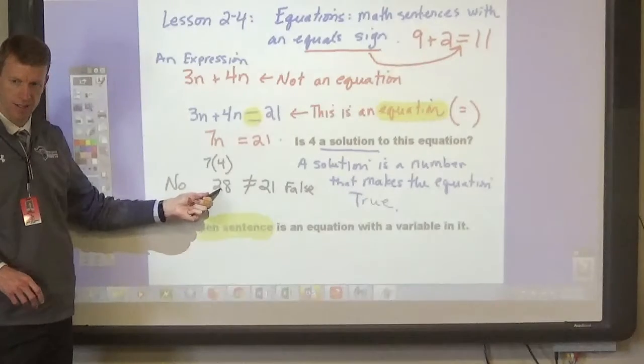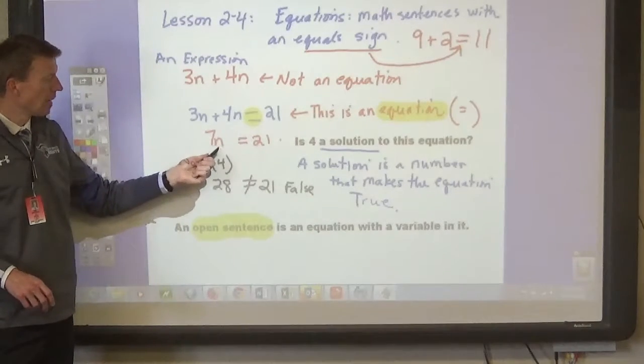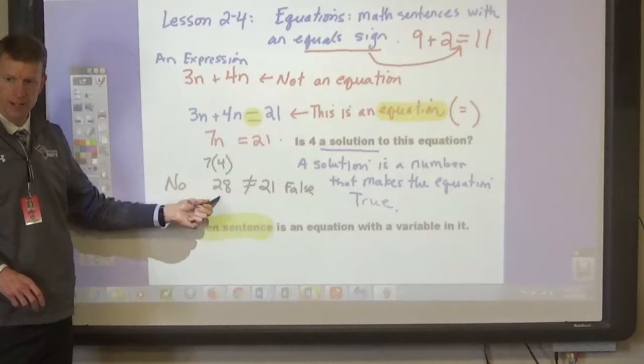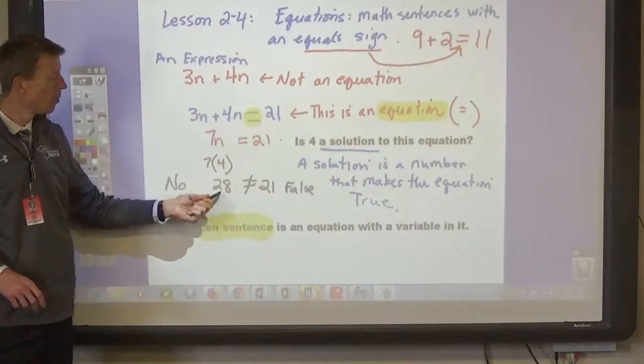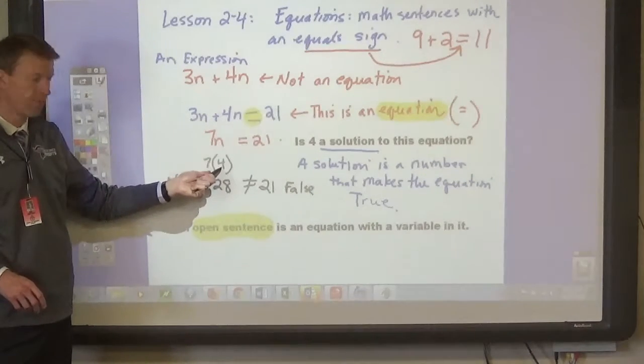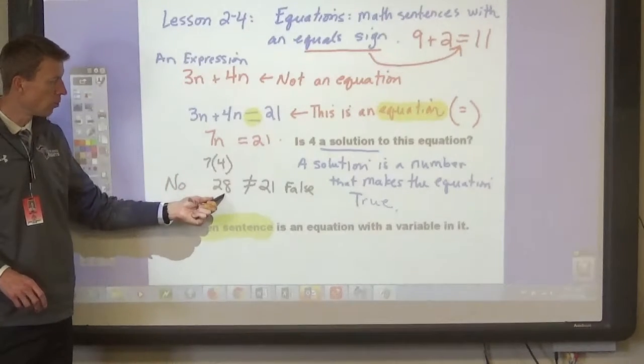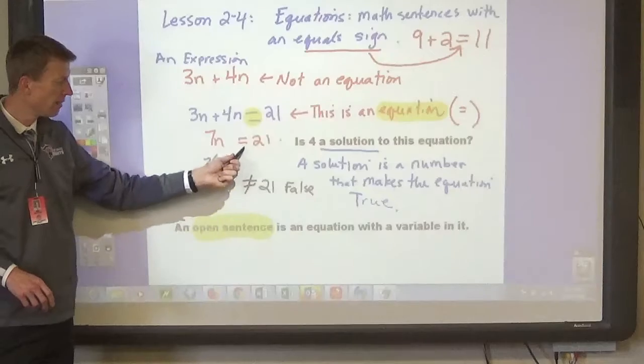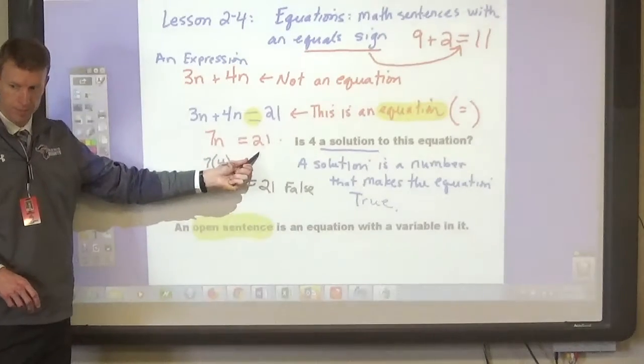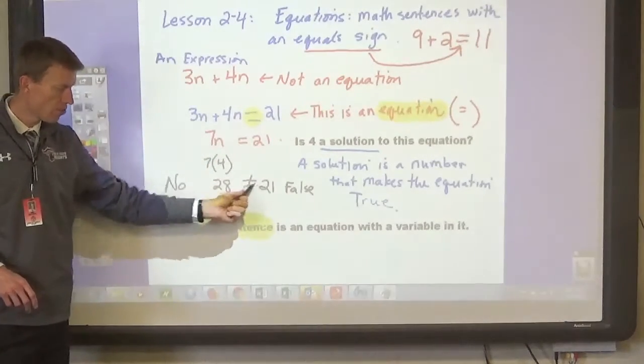Does everybody see that? 7 times 4 is 28, right? So if we replace the n with a 4, then it would be 7 times 4, which is 28. And that does not equal 21. So then our equation is false.